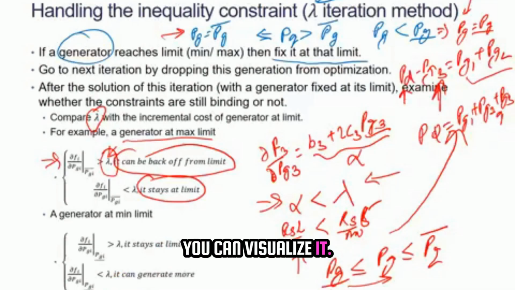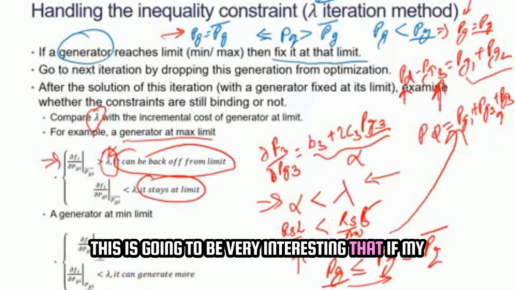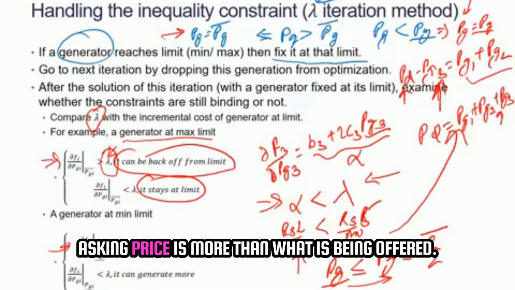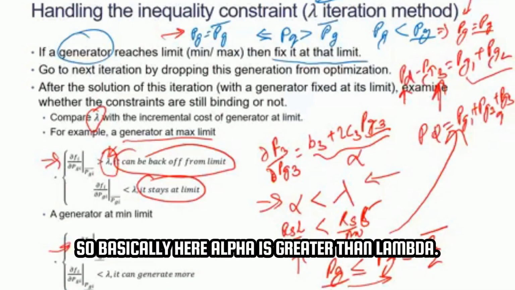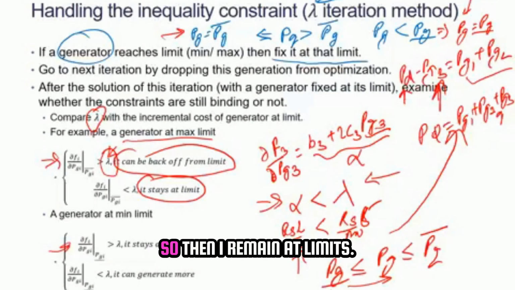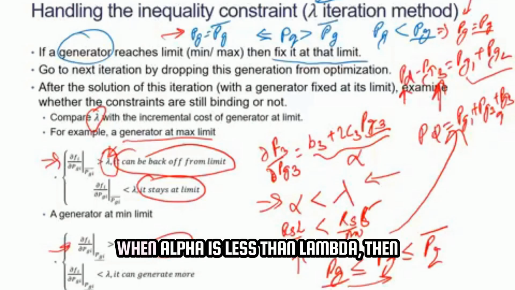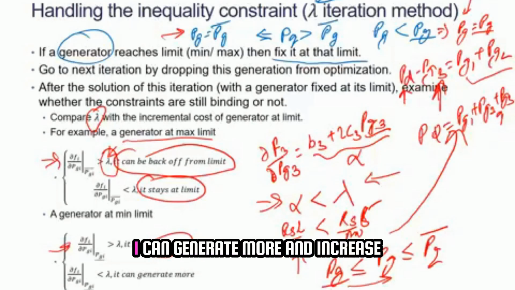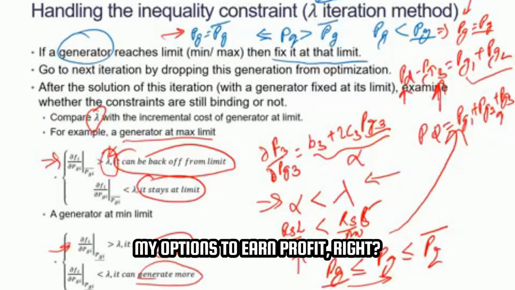You can visualize it. This is going to be very interesting: if my asking price is more than what is being offered, so basically here alpha is greater than lambda, then I remain at my limits, and when alpha is less than lambda, then I can generate more and increase my options to earn profit, right?